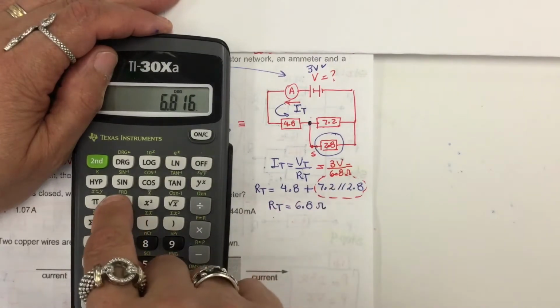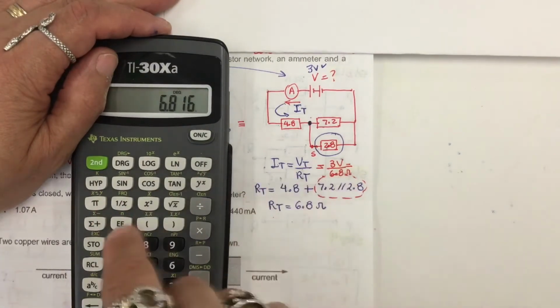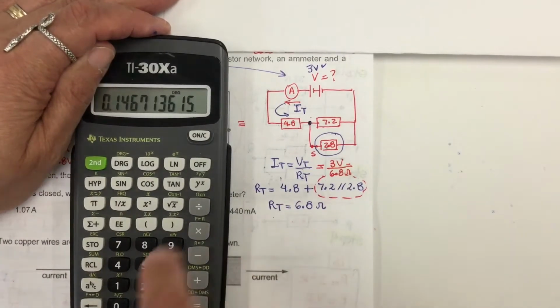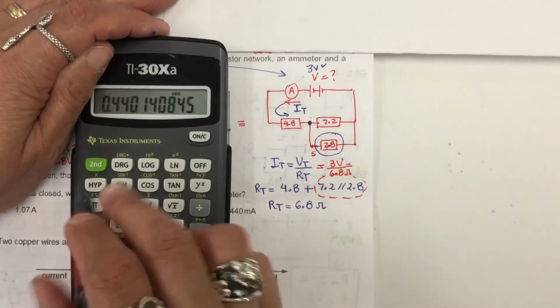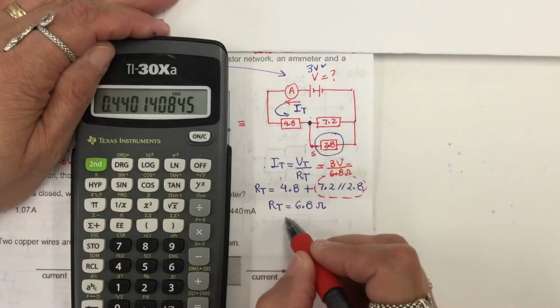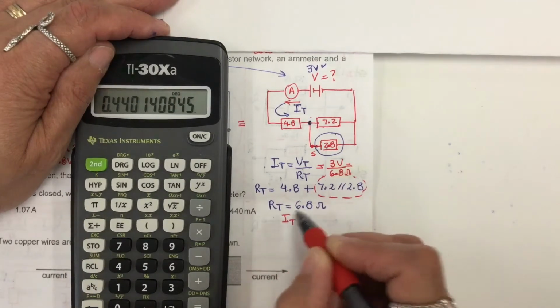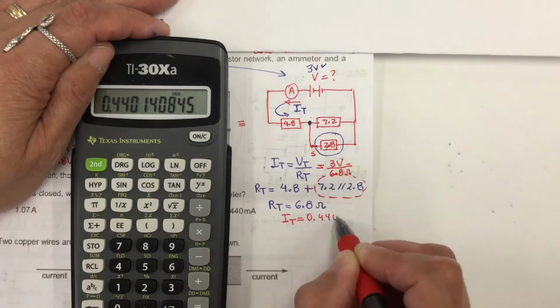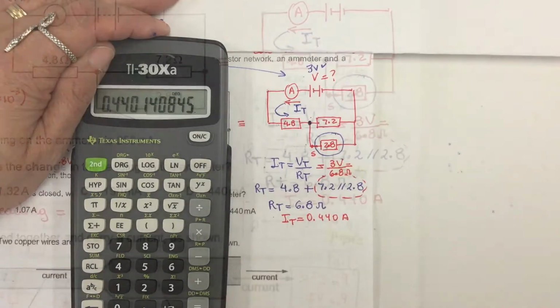I'm keeping all the decimals in my calculator. Because this is in the denominator, I take the inverse times 3, and that's the value of my current for this scenario, 0.440 amps.